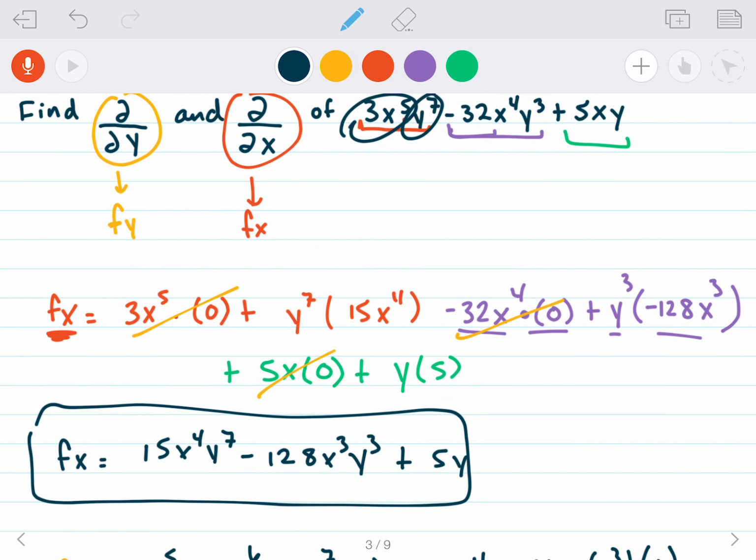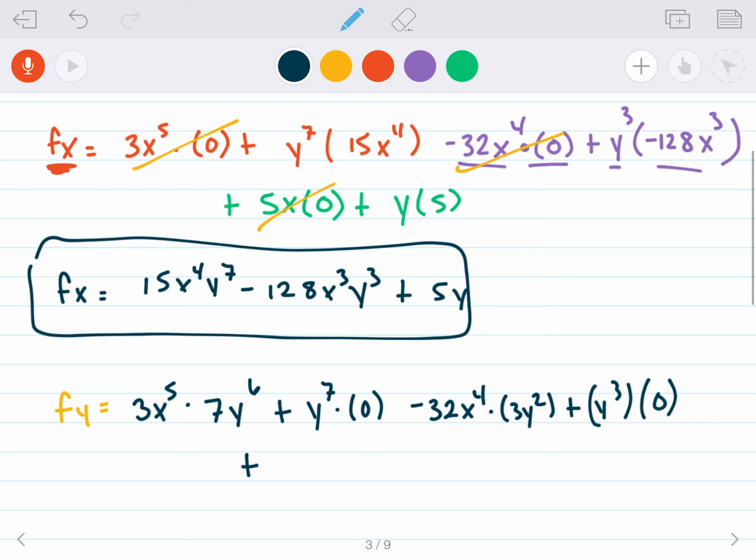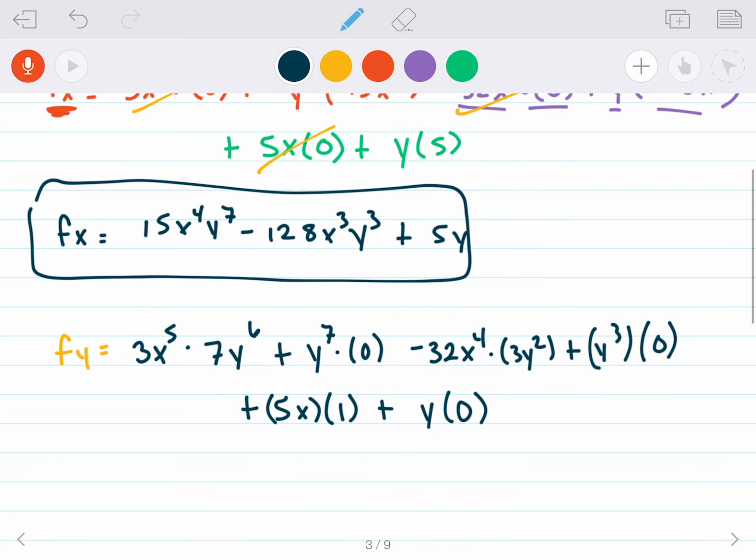And finally, the green. So we have 5x is our first, so plus keep the first, times the derivative of y, which is just 1, plus keep y times the derivative of 5x, which is 0. Okay, so now we can clear out our 0 terms and clean it up a little bit.